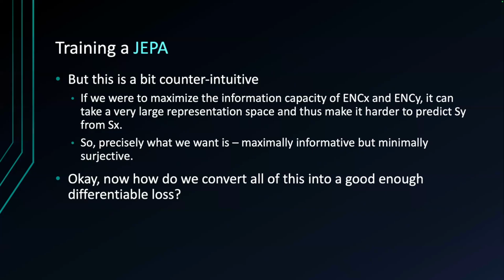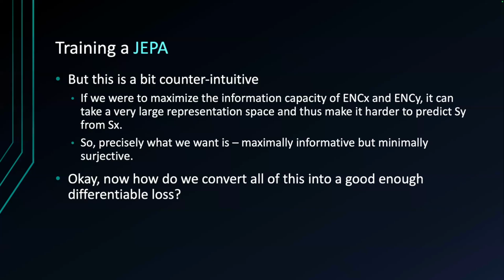If, let's say, four points are almost the same, they belong to the same class, or they have the same structural content, they should map to a single point or something very similar. They should not be exploding out of the way. So it should be minimally surjective. If they mean the same thing, they should map to a single point. That is what I mean by minimally surjective. Is it fine?